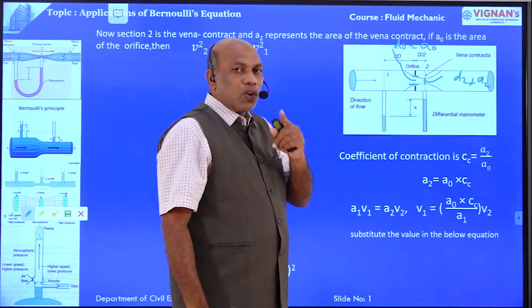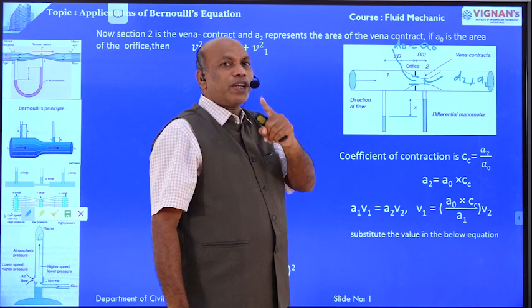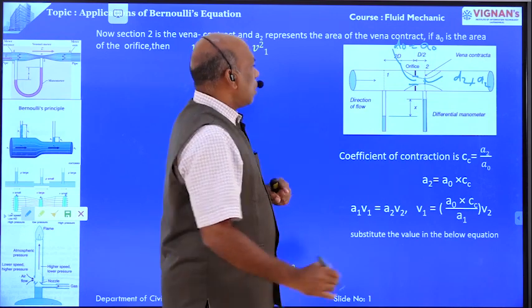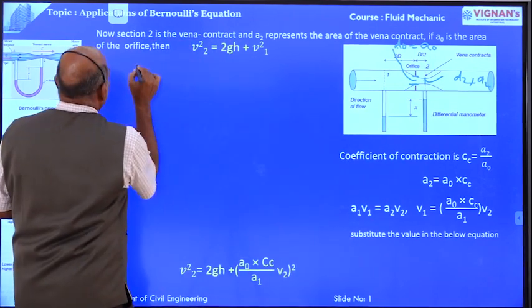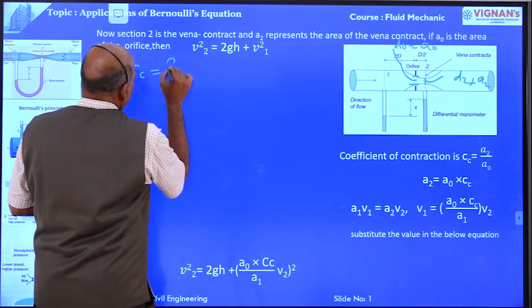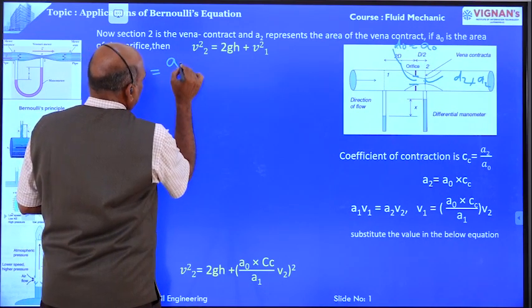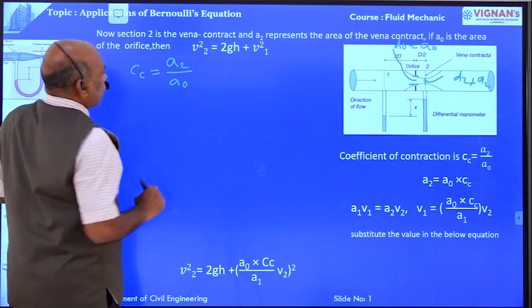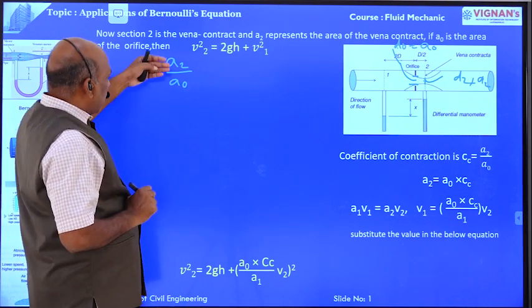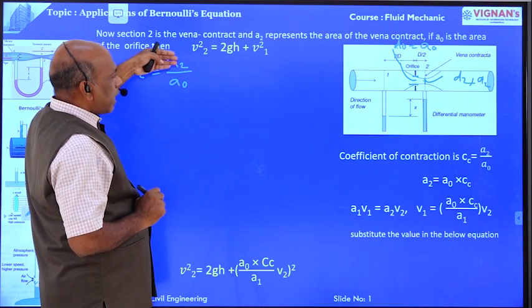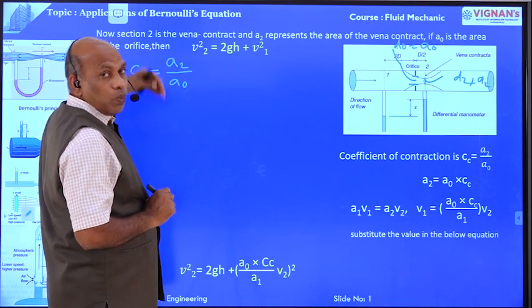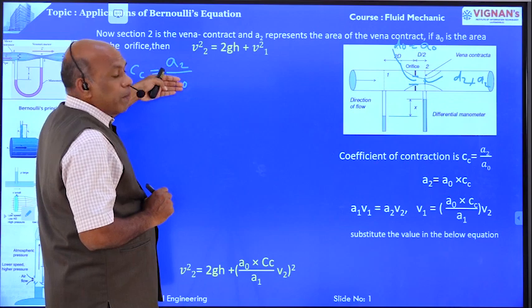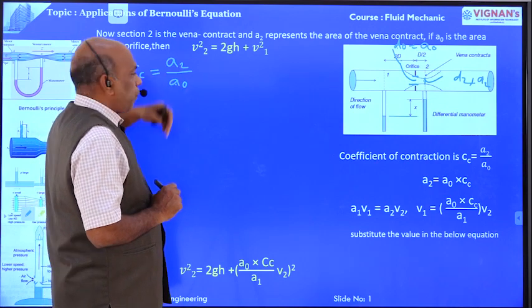Therefore, coefficient of contraction Cc is equal to area at vena contracta divided by area of the pipe, that is area of the orifice. Here area of the vena contracta means area at section 2-2, area of the pipe means area at orifice.